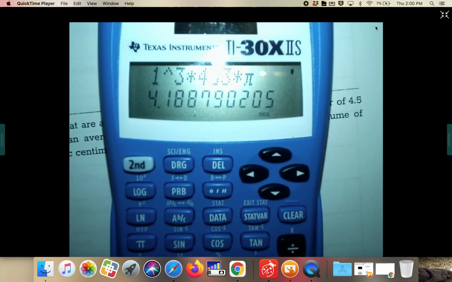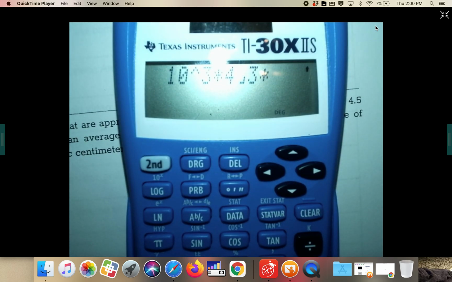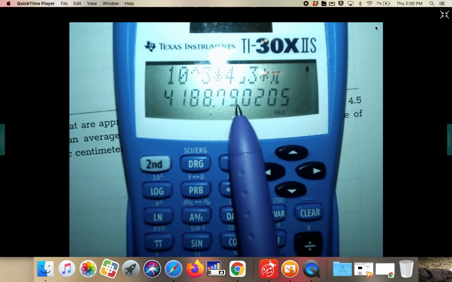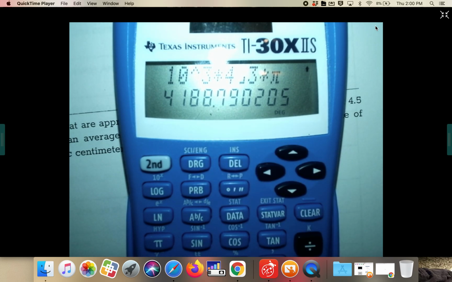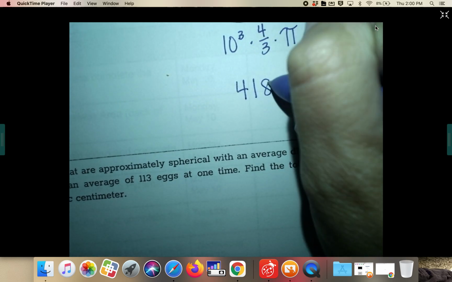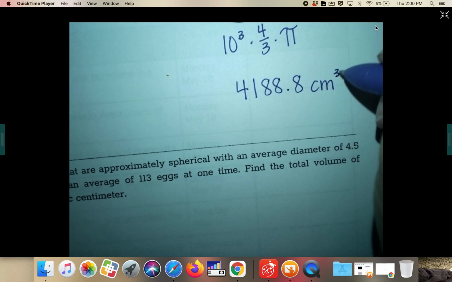So 10 cubed times 4/3 times pi is 4,188.8. That 9 should have bumped your 7 up to an 8. So your final answer on this one that you should have gotten was 4,188.8 cubic centimeters.